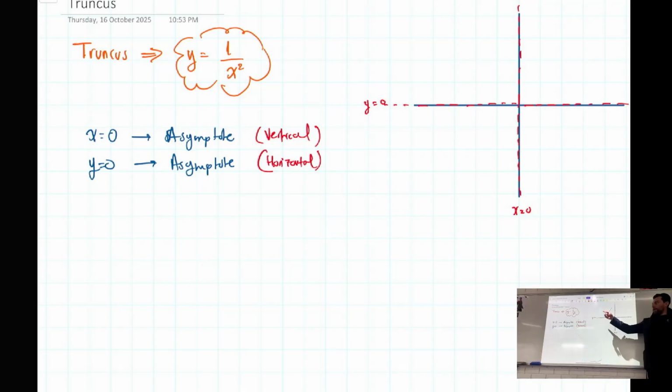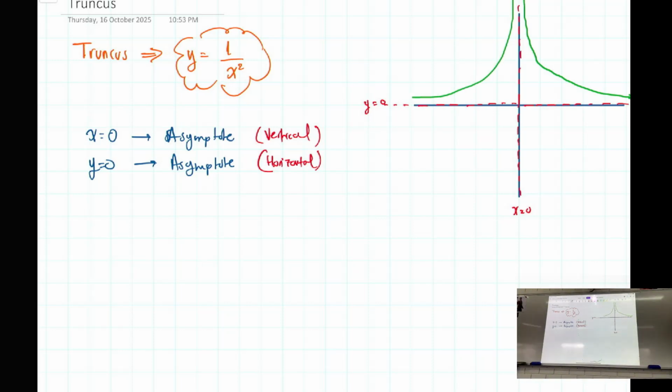Now, with this one, x squared, I'm going to have a graph only in quadrants 1 and 2. We're going to prove that in a second. So the truncus looks like this, only in 1 and 2, right?